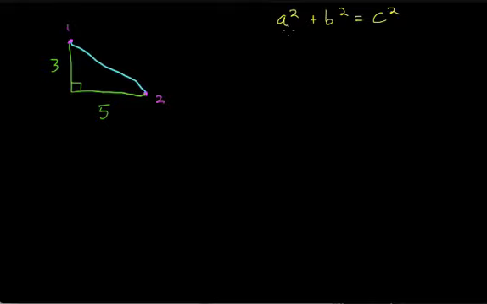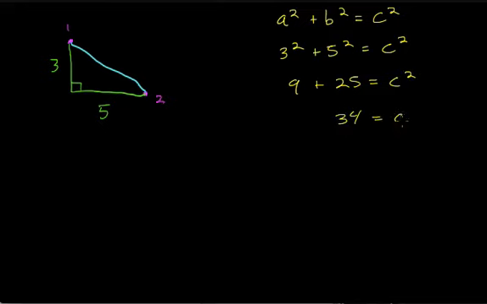And what we have is 3 squared plus 5 squared, and that is equal to c squared. 3 squared is 9, 5 squared is 25, and 9 and 25 is 34. That leaves us with 34 equals c squared. We don't care about what c squared is, we want to know what c is.